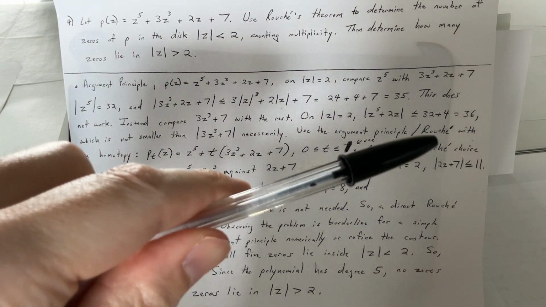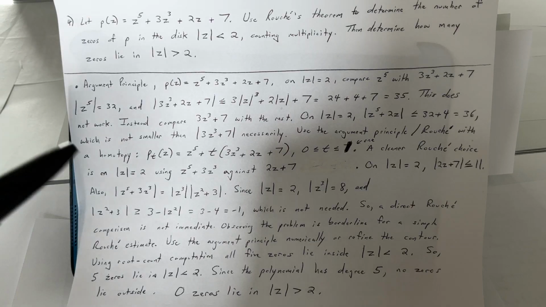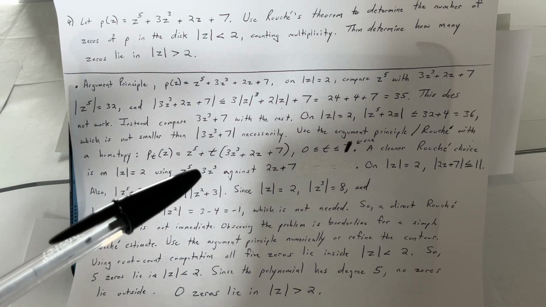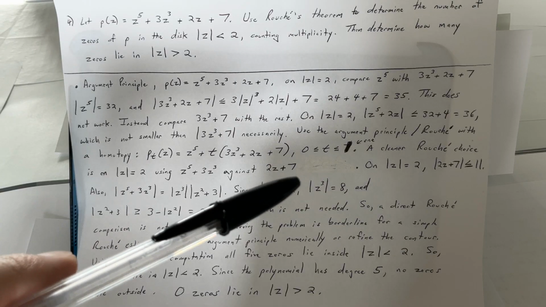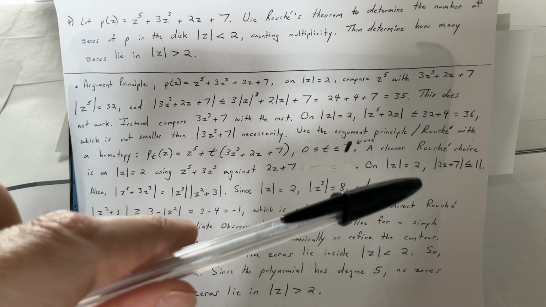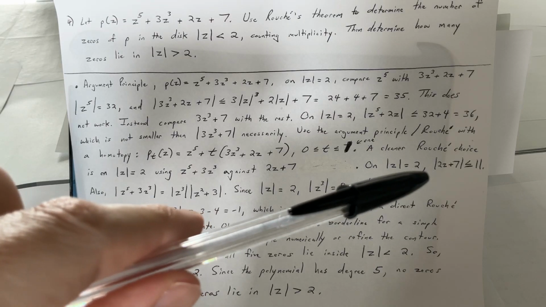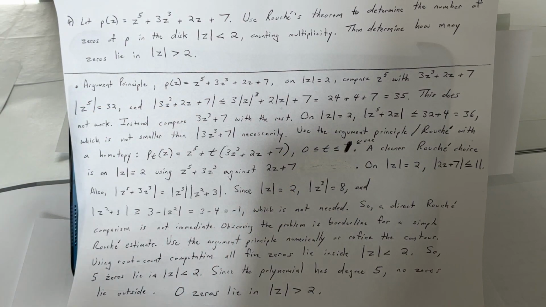A cleaner Rouché choice is on absolute value of z equals 2, using z to the 5th plus 3z cubed against 2z plus 7. So on absolute value of z equals 2, absolute value of 2z plus 7 is less than or equal to 11.